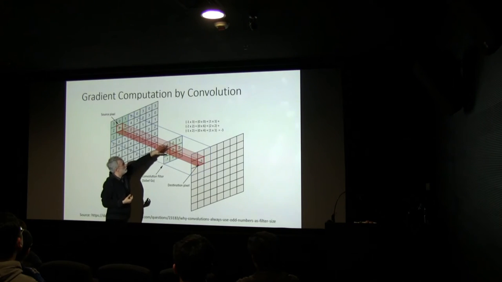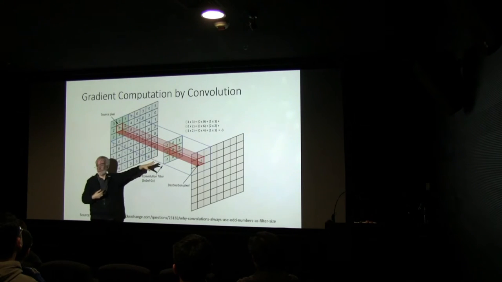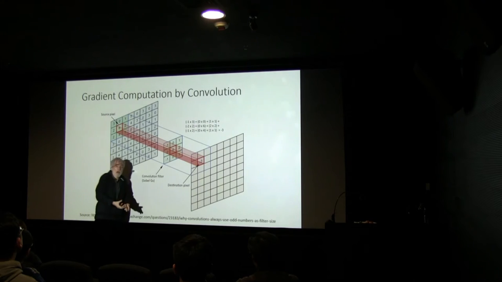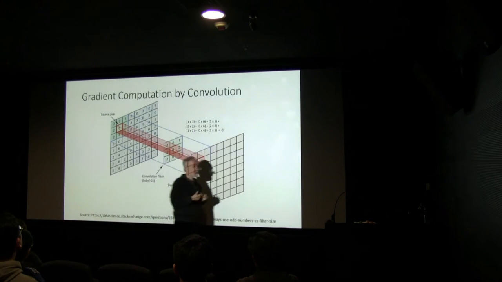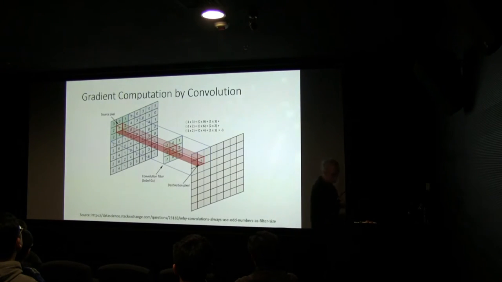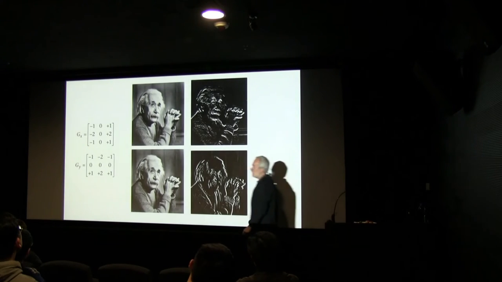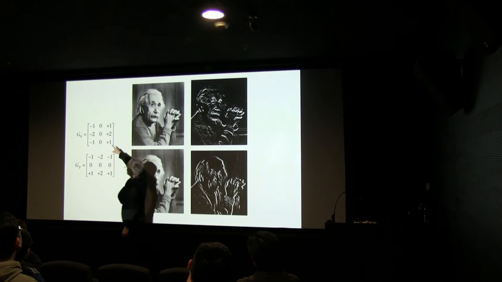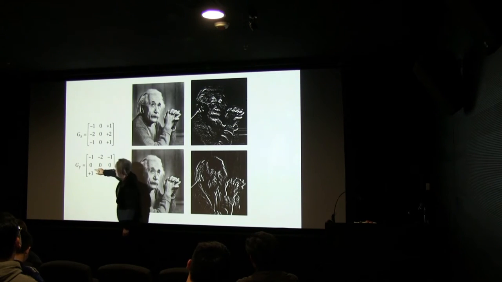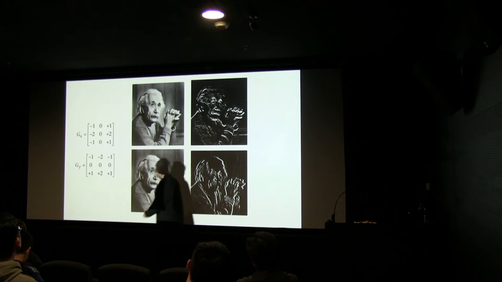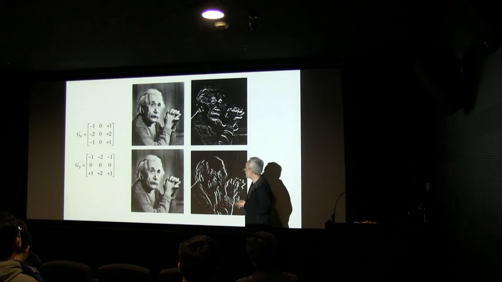So what this set of numbers will do is it will highlight those pixels with a lot of gradient. So here are actually two kernels. This one is the same as in the previous slide. It highlights areas of horizontal gradient. This one, GY, highlights vertical gradient.